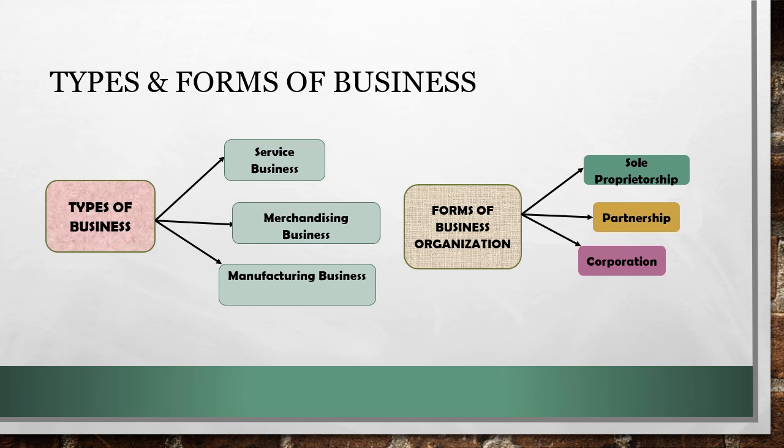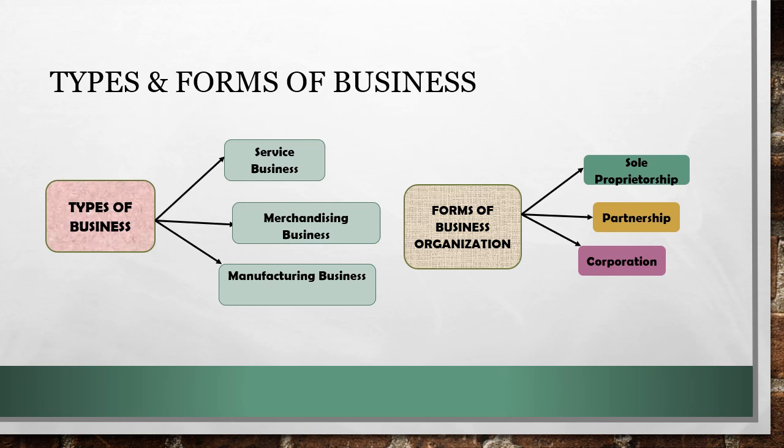On the next one, we have there the partnership naman. As defined in Article 1767 of the Partnership Law, by the contract of a partnership, two or more persons bind themselves to contribute money, property, or industry to a common fund with the intention of dividing the profit among themselves.